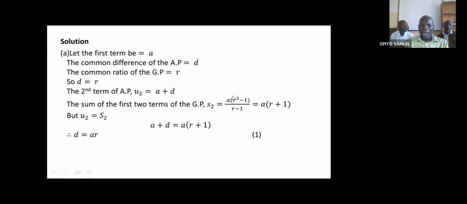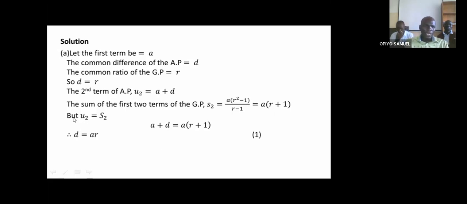By difference of 2 squares, the numerator will expand to r plus 1 times r minus 1. So r minus 1 cancels, we remain with a times r plus 1.